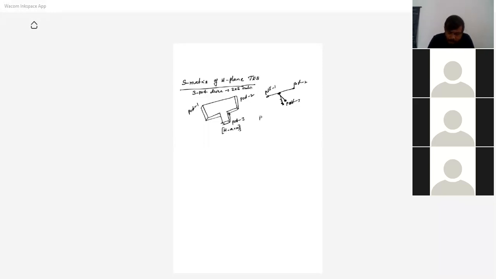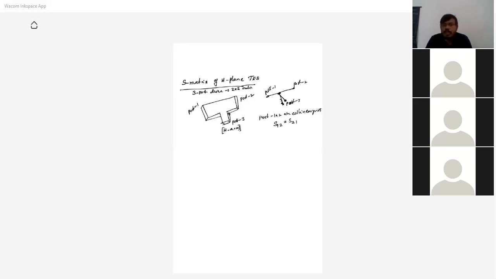Port 1 and port 2 are collinear ports. Collinear ports means it will follow the symmetry property. So you can write S12 is equal to S21.